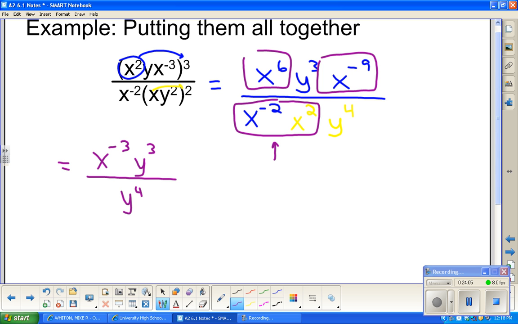You could put the 1, but if you multiply something by 1, it doesn't do anything. All right, now here's a little trick. We have a negative exponent, don't we? Negative exponent means reciprocal usually. When your problem's already set up like a fraction, a negative exponent just means that thing needs to get moved, and the exponent will become positive. So if there's something negative in the numerator, you can just throw it in the bottom and make the exponent positive.